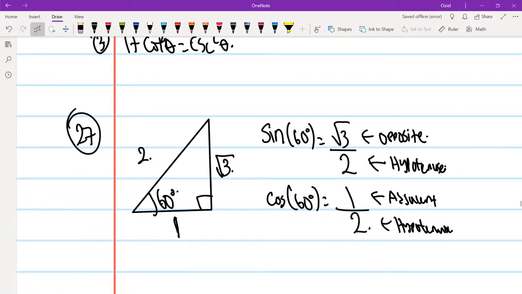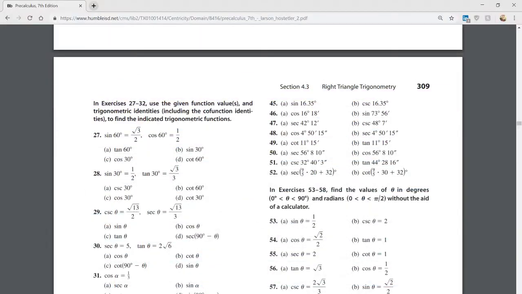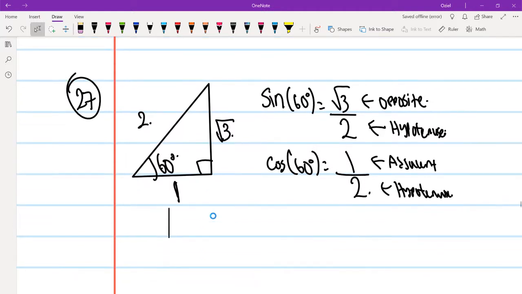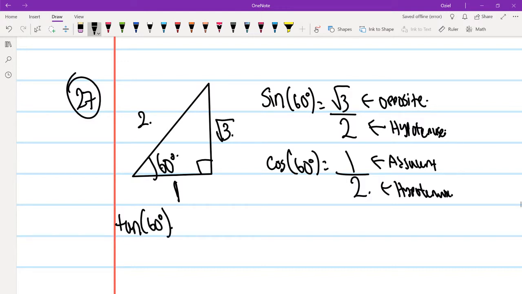So the way that I would do this is, the first one is asking what's tangent of 60 degrees. You can go ahead and treat this as if it were a tangent of theta problem. It's the exact same thing that you would do for when you don't have a specific degree value.